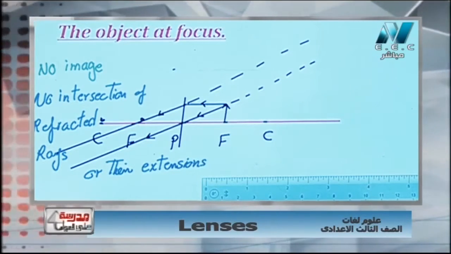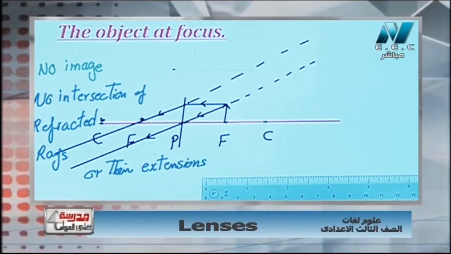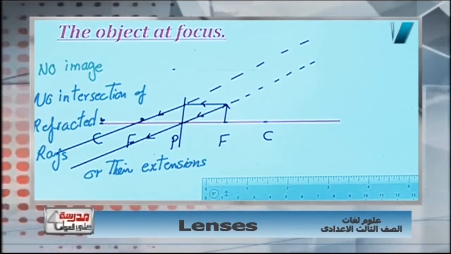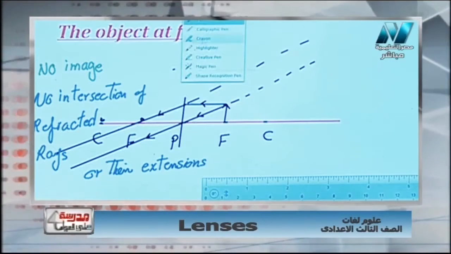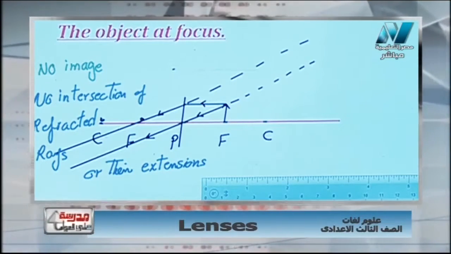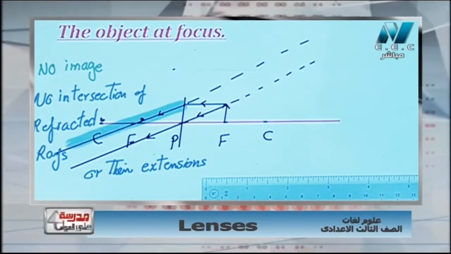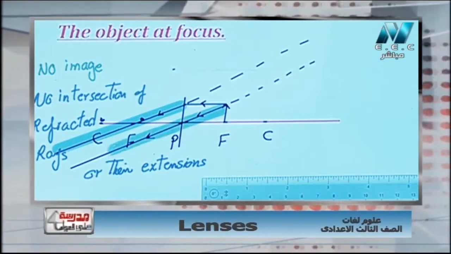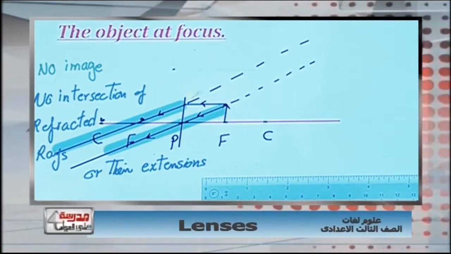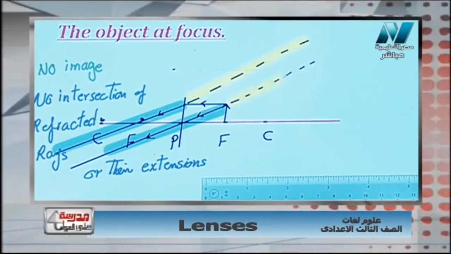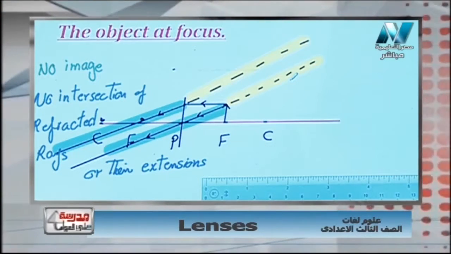Again, here we have no image. Why? Because there is no intersection of the refracted rays or their extensions. So if the object is at focus, we have no image.